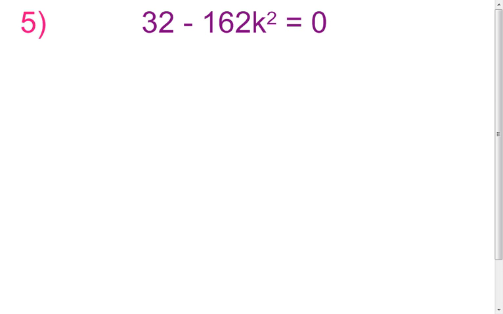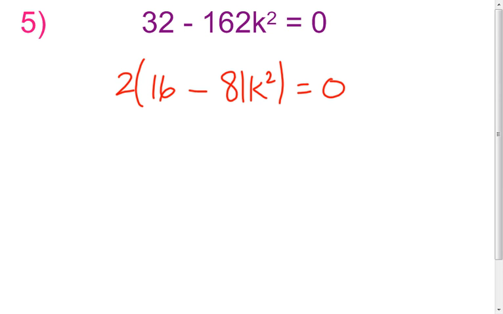And so when you factor that 2 out, 2 times 16 is 32, and then 2 times 81 is 162. So 2 times 16 minus 81k squared gives me that, okay? Again, don't forget to bring down your 2, okay?